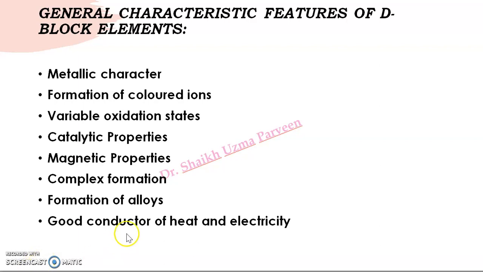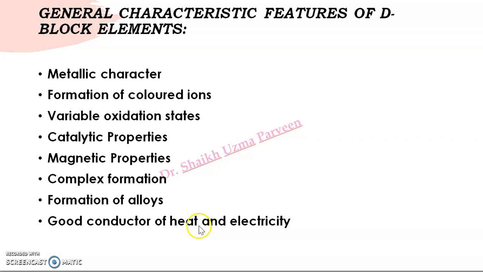Now, property of complex formation. The cations of d block elements have a strong tendency to form coordinate complex compounds with certain molecules like carbon monoxide, NH3, and ions like fluoride, chloride, cyanide. All these are called ligands, and their tendency to form complexes is due to two reasons: the small size and high positive charge density.